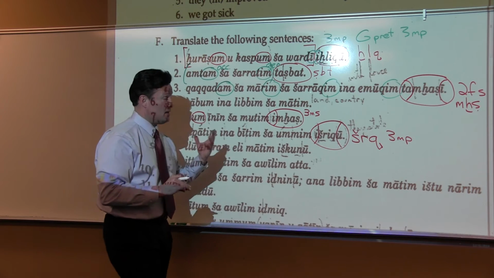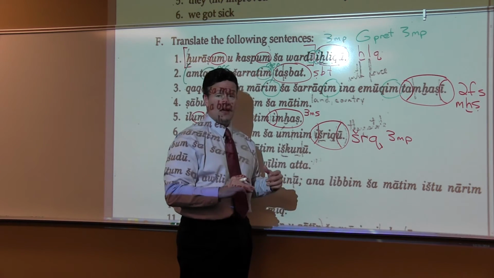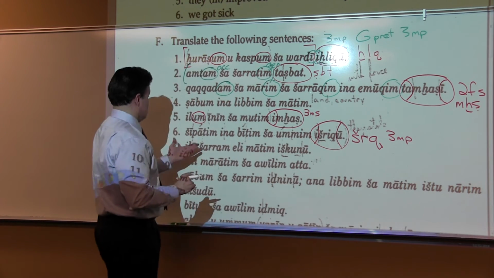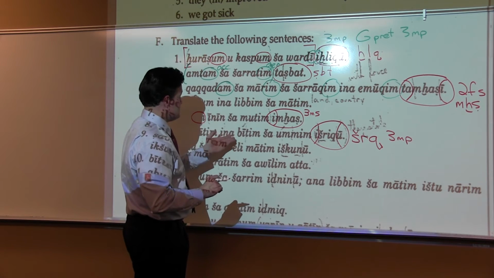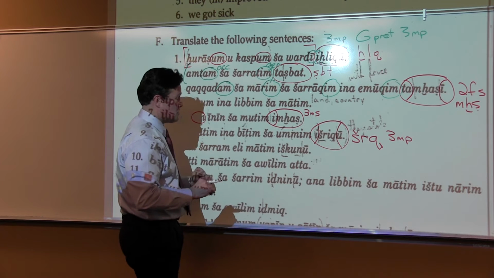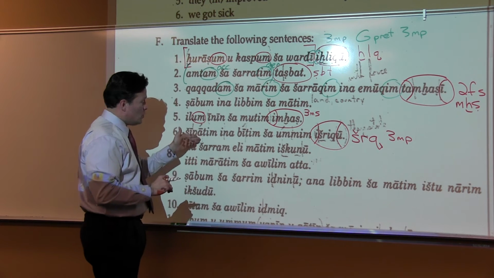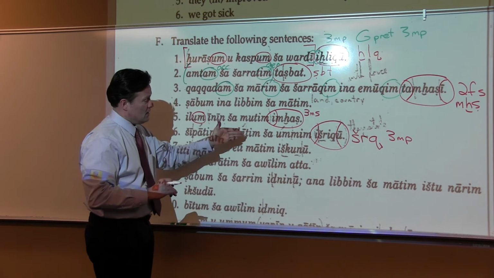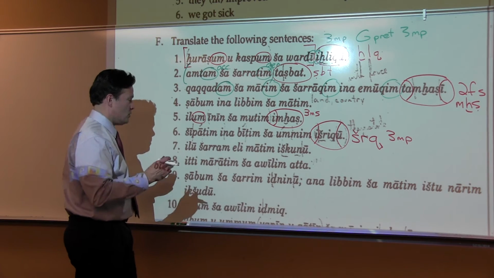So we can call that an impersonal they. We can say it was stolen. The wool in the house of the woman, the mother, was stolen.